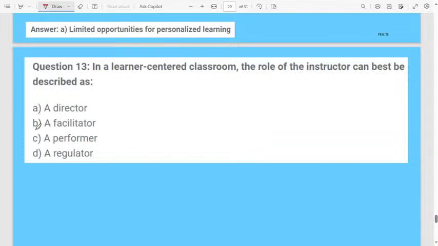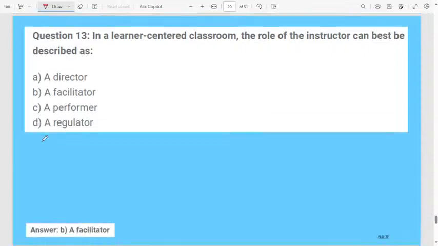Option C, performer. Option D, a regulator. Here, in a learner-centered classroom, a facilitator. The role of an instructor or a teacher is to act like a facilitator, because in the learner-centered method, the learner, through activity, experiment, or example, starts learning on their own.